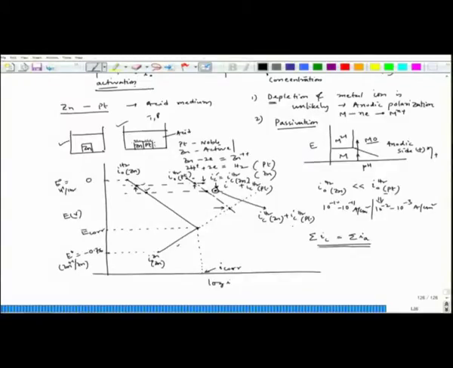Now, if we add up and connect them, we will see that the added part would follow the red line.